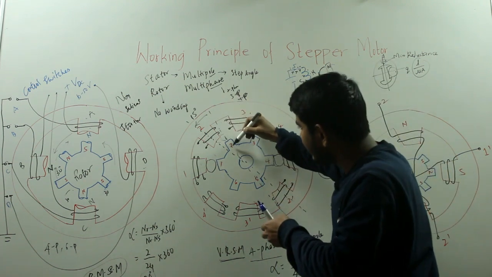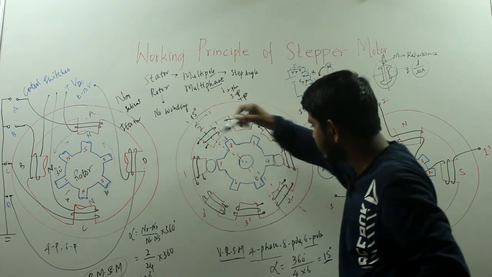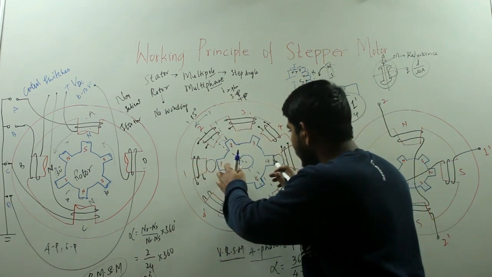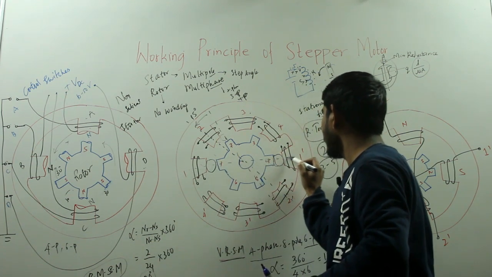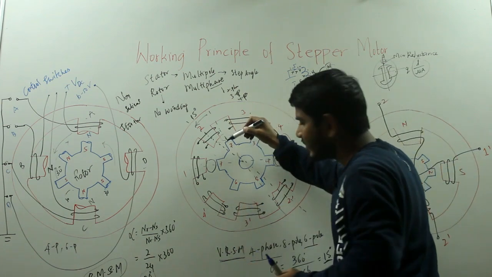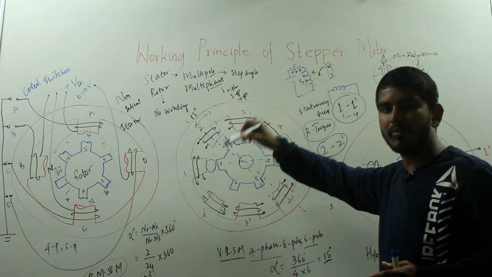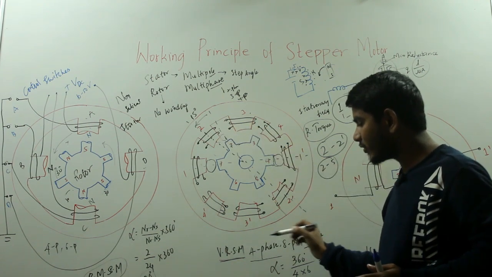So this rotor pole 2, 5 will align with the stator poles 2, 2 dash, just like here the rotor poles 1 and 4 have aligned with the stator poles 1, 1 dash. When they get aligned, there will be the minimum reluctance path. So this is how the variable reluctance stepper motor works.